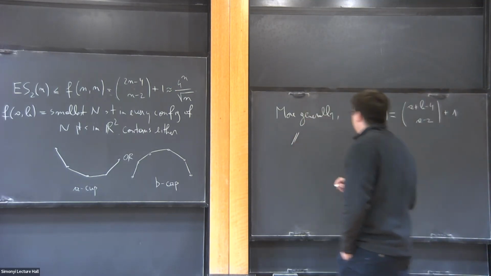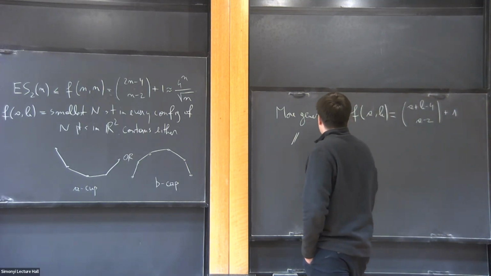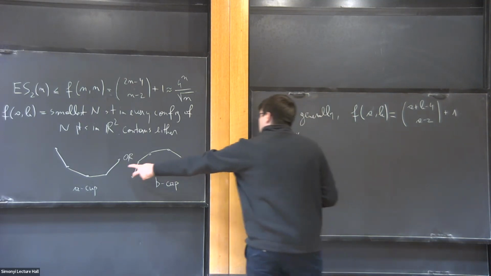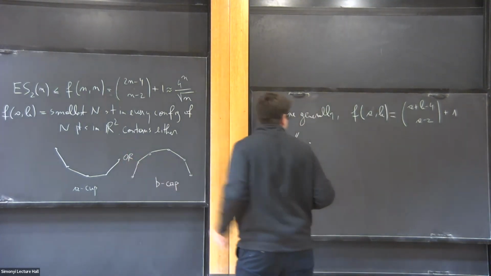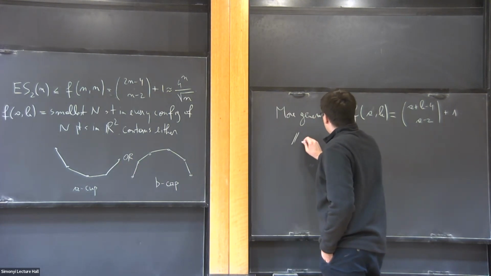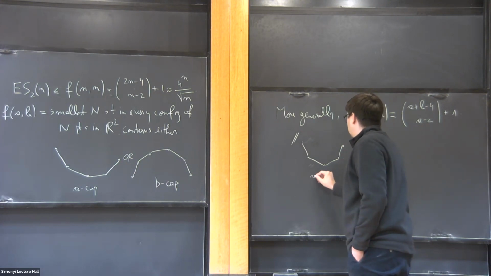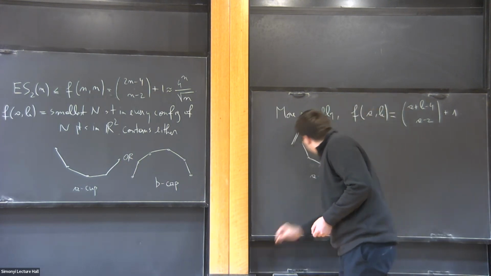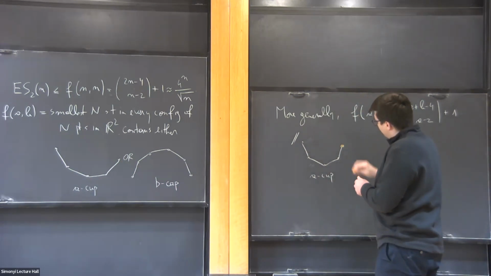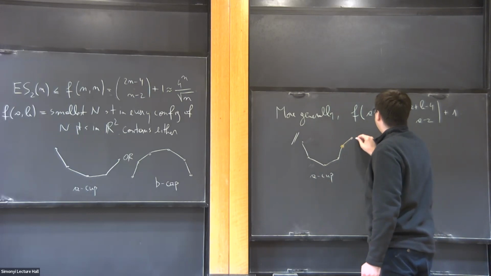And where is this from? So what's really the main idea? The main idea is in this picture. If I give you these 2 objects that share endpoints. So I give you an A cup. This is the A cup picture from before, but now this endpoint here is also the start of a cap.